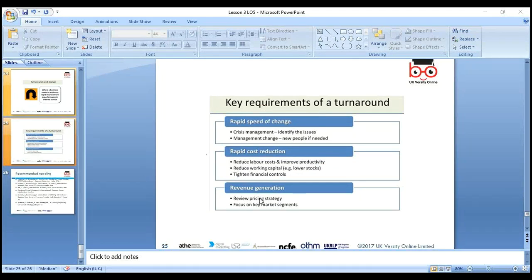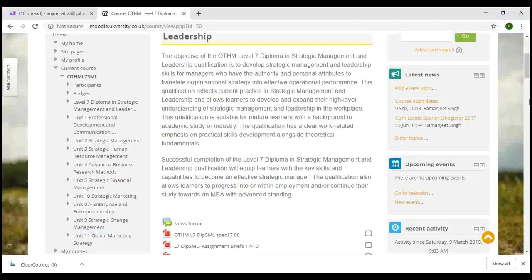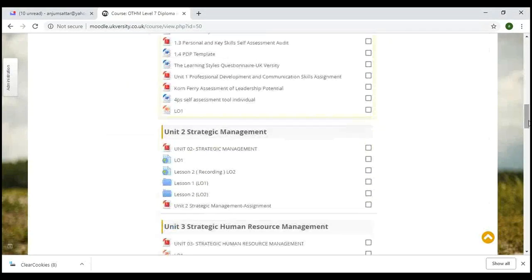So today we discuss LO5, learning outcome 5. Let's quickly look at the assignment, what we're supposed to do. We'll go through the assignment brief.